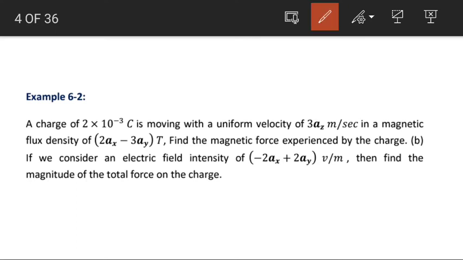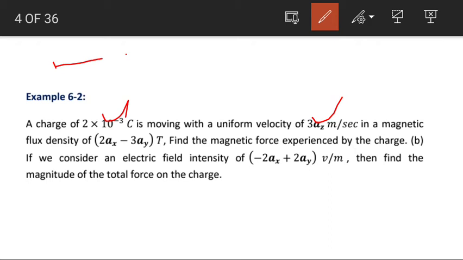We do example number 6.2. In example number 6.2, we have a charge of 2 × 10^-3 coulomb. This charge is moving with a uniform velocity of 3 AZ meter per second in a magnetic flux density of 2AX minus 3AY Tesla.